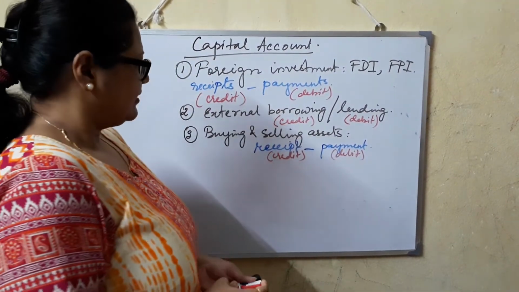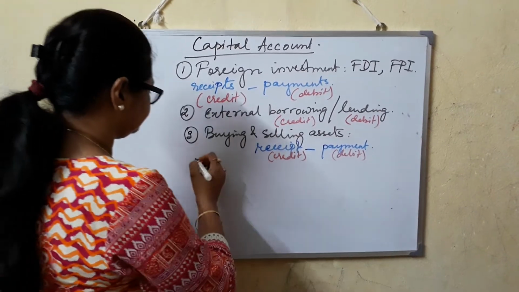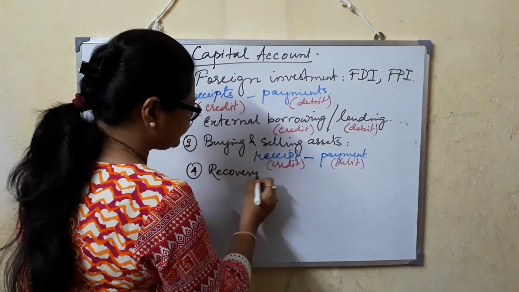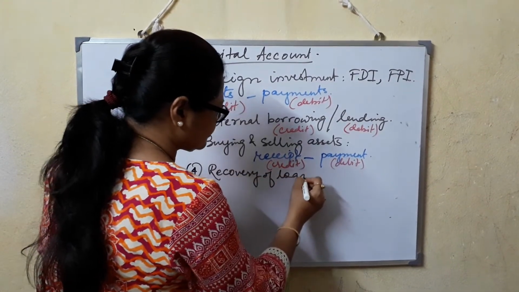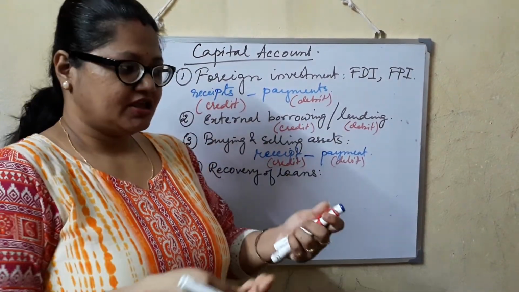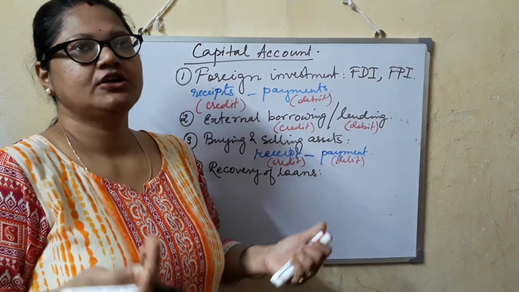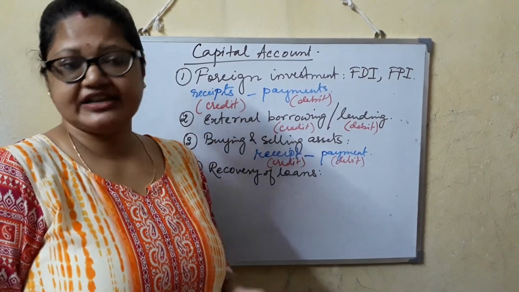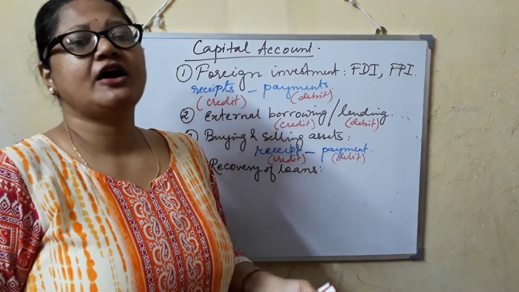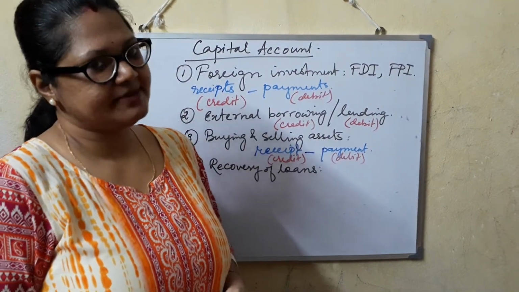Now the next component is recovery of loans. If India has taken loans from other countries or international financial institutes like IMF, World Bank, then when India is paying a part of the loan, that means the payment is done, it becomes a debit side.